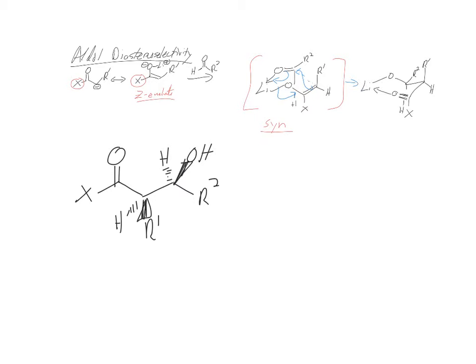Now, another layer you can add to this is dealing with this X. We talked about before, where if this X was something that could affect how this pi bond attacks, this enolate might only attack one certain face of the aldehyde. And if you pick one face, now you're making one enantiomer, not just a diastereomer.